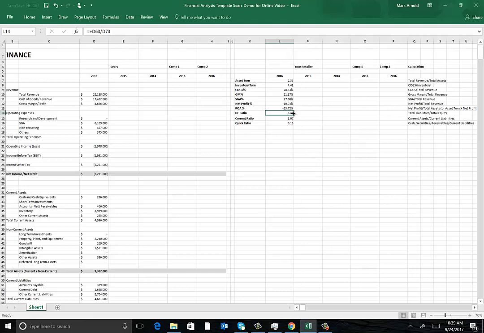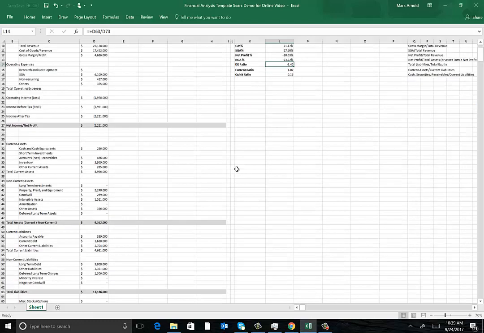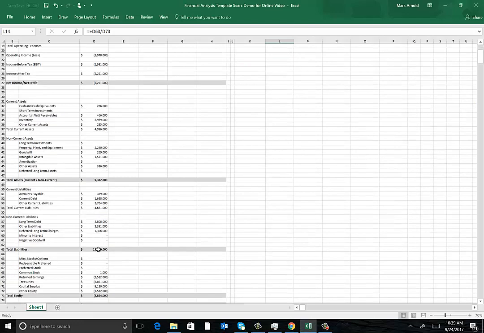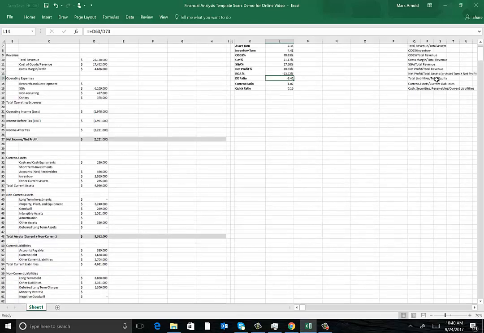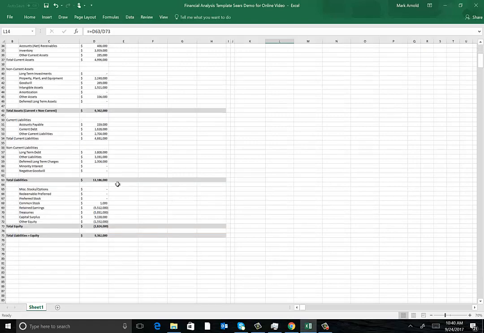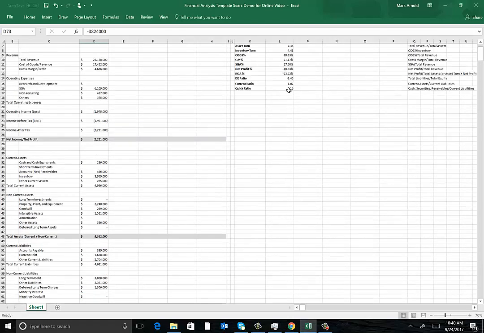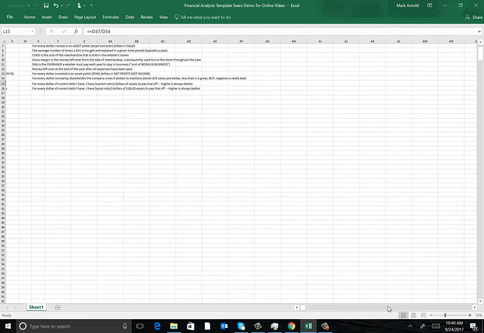I also already calculated the debt to equity ratio, the current ratio, and the quick ratio. And the DE ratio you can see here, if we go down a little bit, is total liabilities divided by total equity, which would be this divided by that. And that's going to give me a negative 3.45. And negative debt equity ratios are always bad.